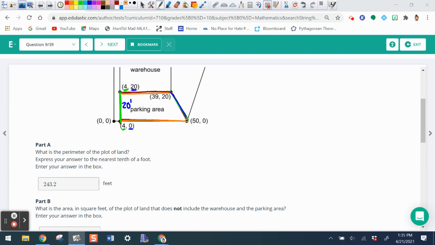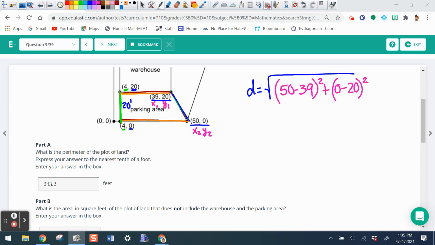But this one, if you recall, just like we did at part A, it's a diagonal line. So we have to use the distance formula to find the distance between these 2 coordinates here. So that's what we're going to do. D is equal to the square root of, let's go and label, I'll call this my x1 and y1, and this will be my x2 and y2. So D will equal the square root of x2 minus x1, which will be 50 minus 39, squared, plus y2 minus y1, which will be 0 minus 20, squared.